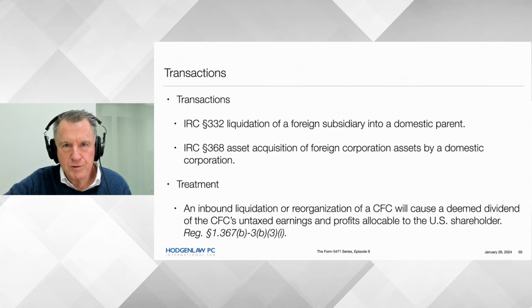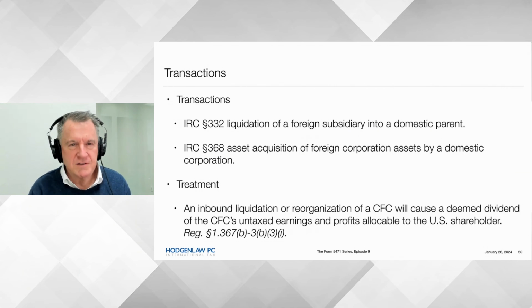And the general rule is no gain recognition and the transferee parent company succeeds to the tax attributes of the subsidiary being liquidated. Section 368, you have some asset reorganizations, and so you have a 368 asset reorg that ends up with the domestic parent owning the foreign assets. So in both cases, we've got assets coming inbound.